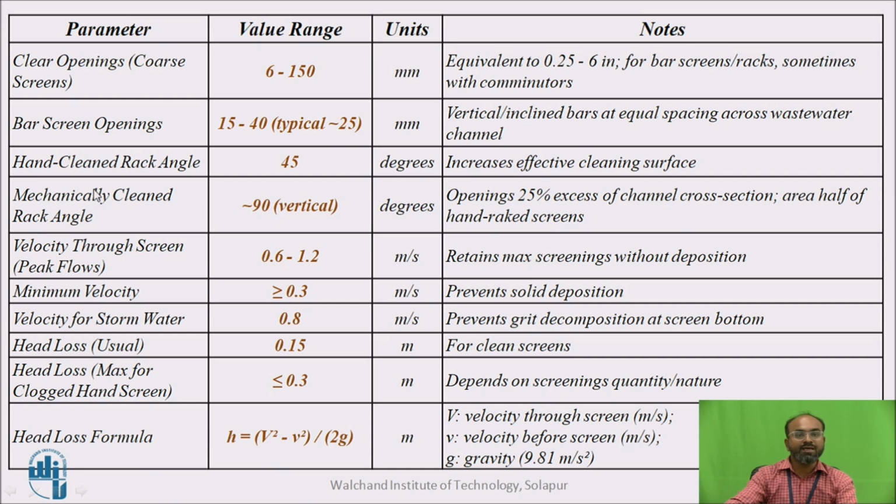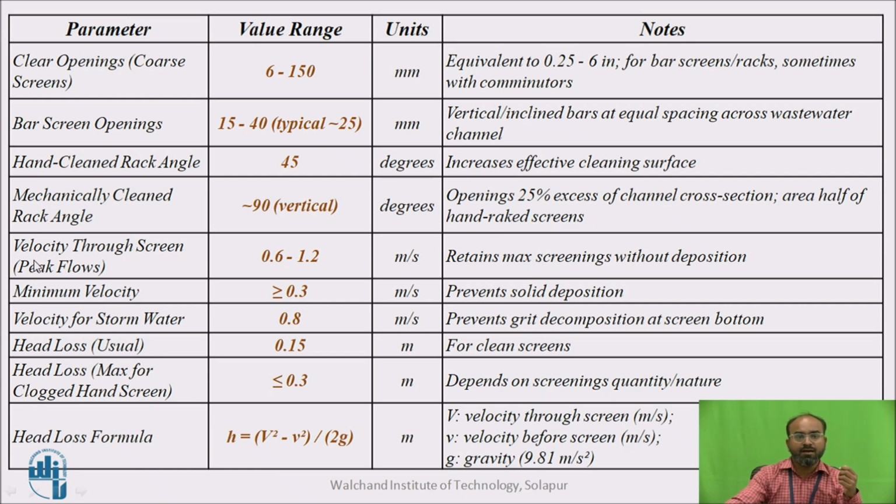Then when I look at the rack angle or inclination of bars, generally it is taken as 45 degrees, so that proper effective cleaning happens. When I go for a mechanically cleaned rack, I have to take the angle as vertical, that is 90 degrees, making sure that openings exceed by 25% of the channel cross section.